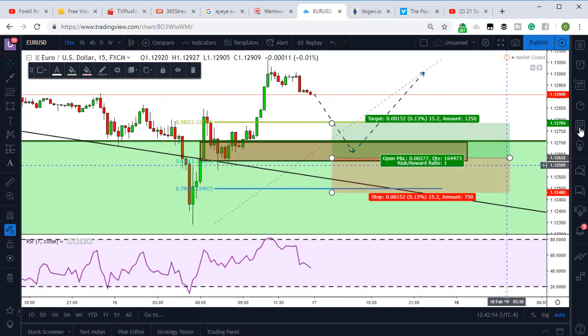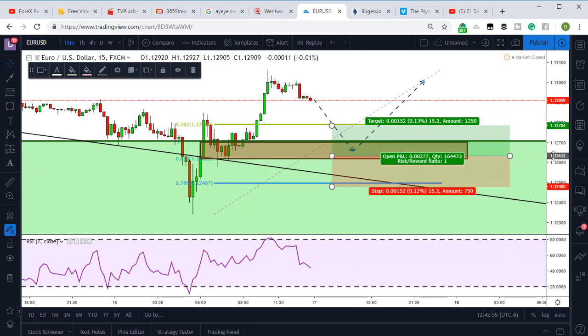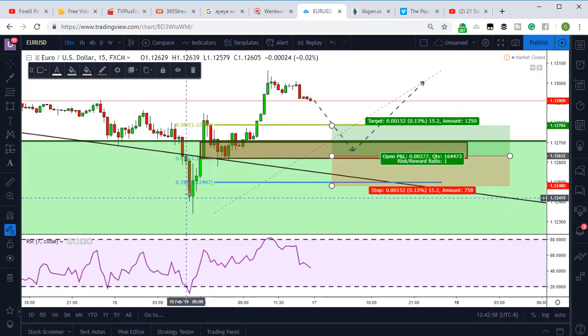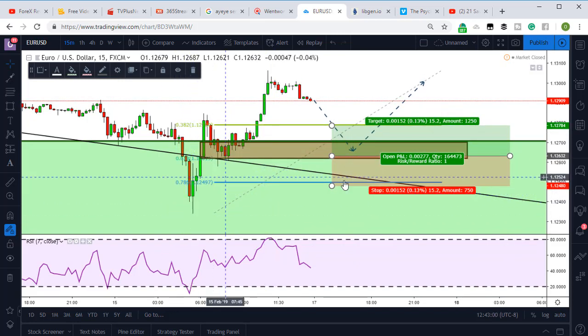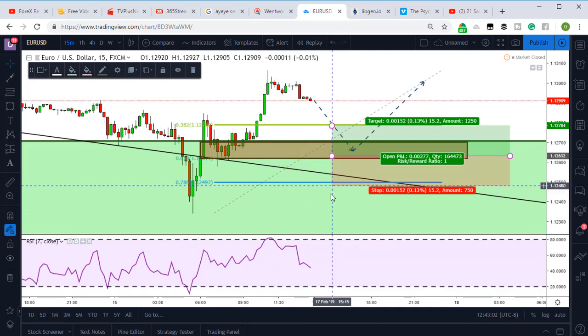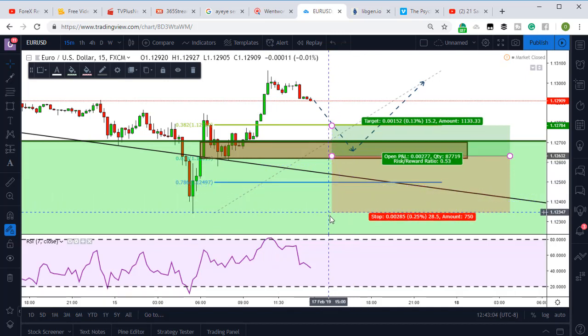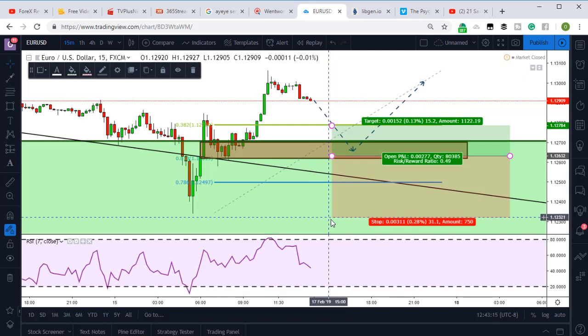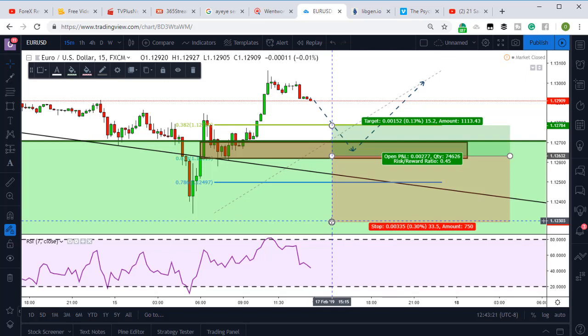But for me, to be safe, I'd rather have my stop loss a few pips below the wick of this candle, and we will be looking at the estimated risk, just the wick of this candle at 0.0291, and just 5 pips below, at approximately 0.0035. I don't want to put it at an even handle number.